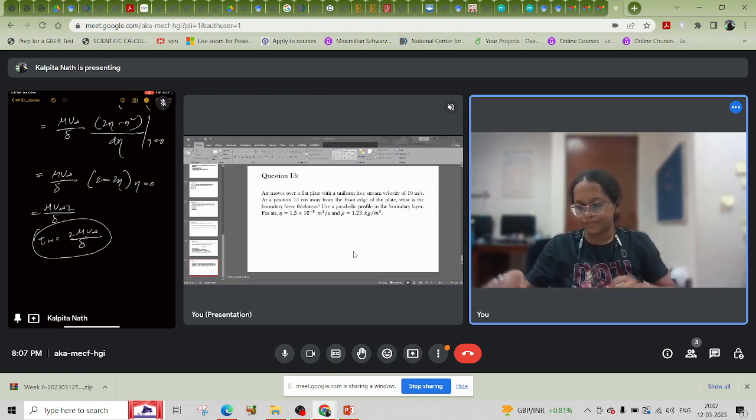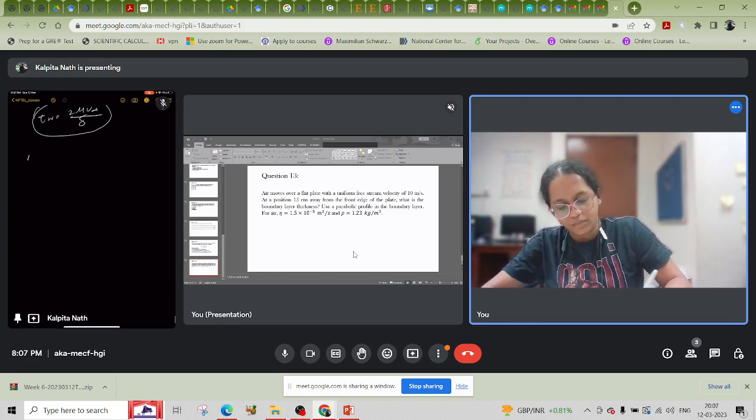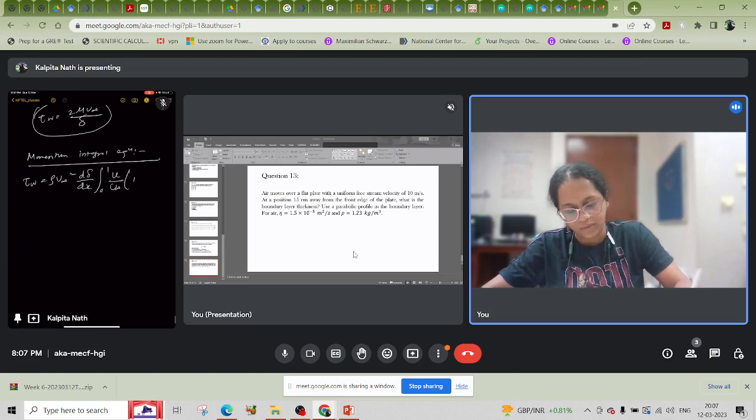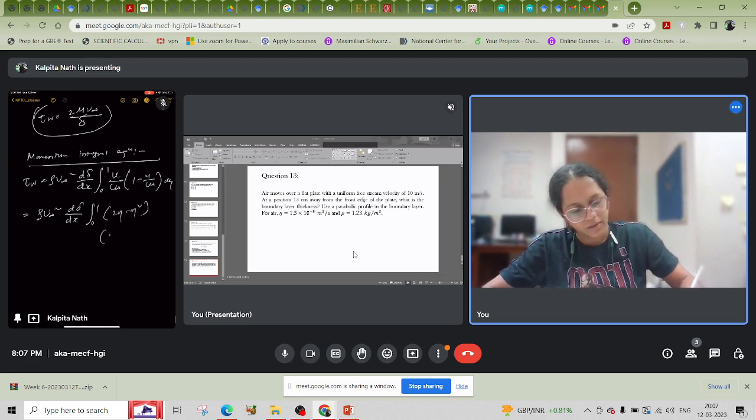Now, applying the momentum integral equation, tau w is equal to rho u infinity square d delta by dx integral from 0 to 1 of u by u infinity times 1 minus u by u infinity d eta. Rho u infinity square d delta by dx integral 0 to 1 of 2 eta minus eta square times 1 minus 2 eta plus eta square d eta.